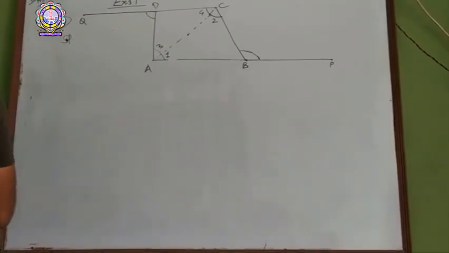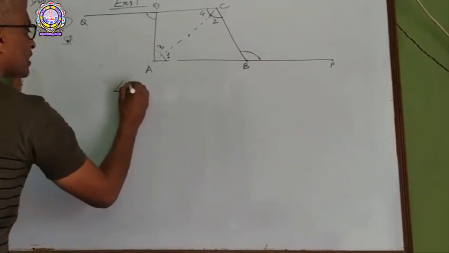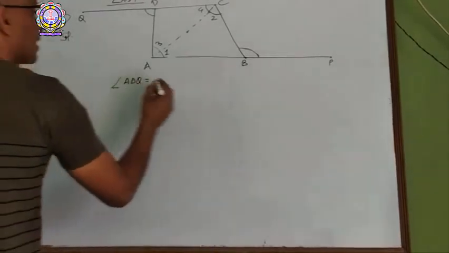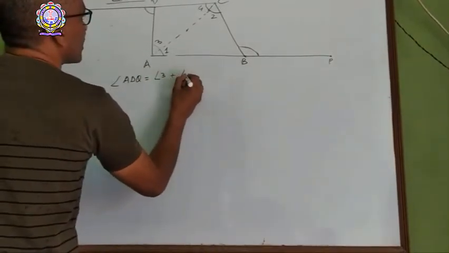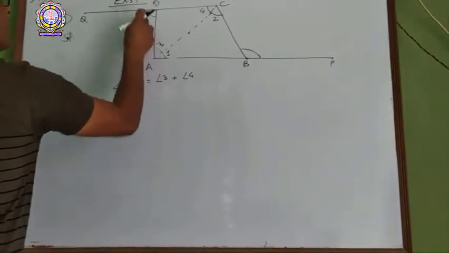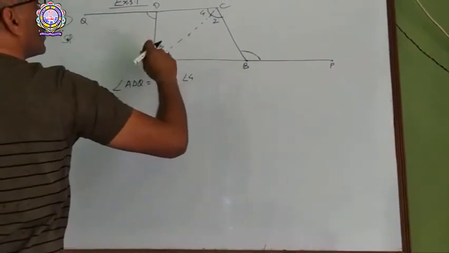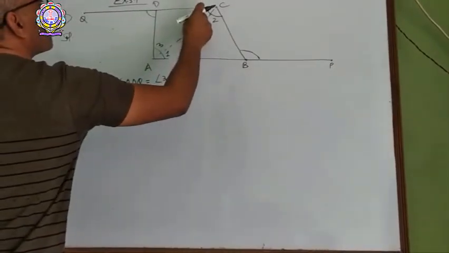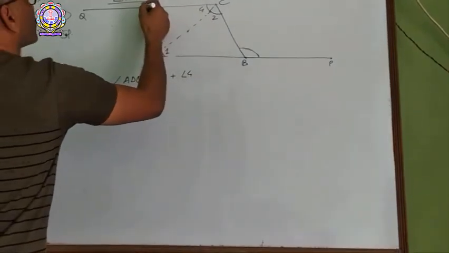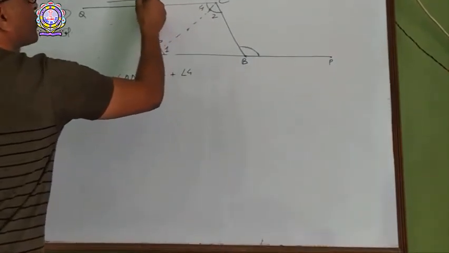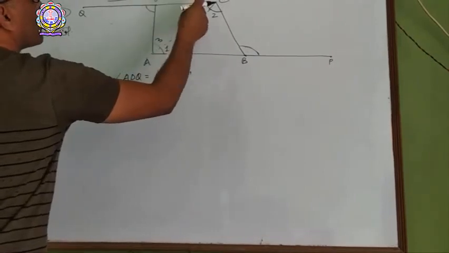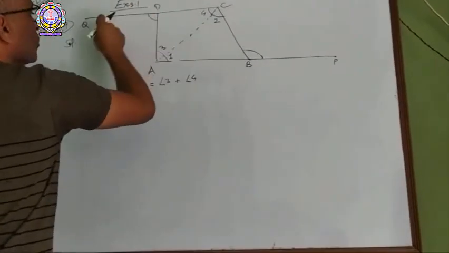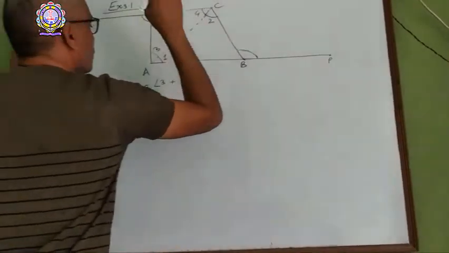Here we can see that angle ADQ is equal to angle 3 plus angle 4, because the sum of this angle and this angle will be equal to 180 degrees, and the sum of all three angles will be equal to 180 degrees. So angle ADQ will be equal to angle 3 plus angle 4.